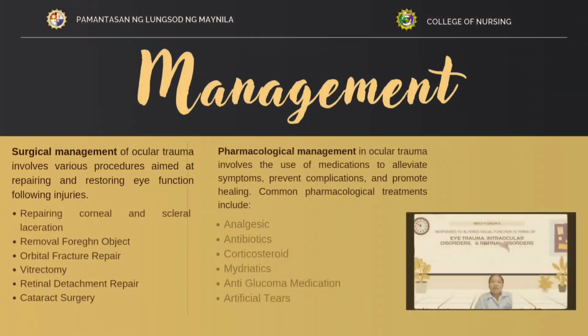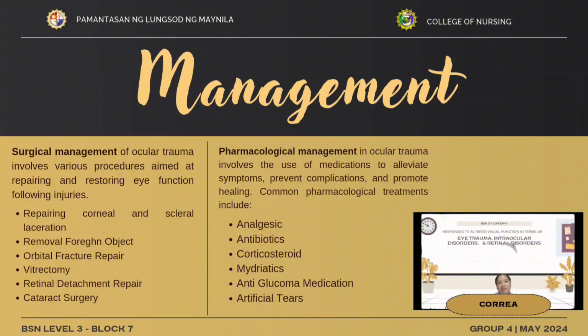Next is the surgical management. Surgical management for ocular trauma involves various procedures aiming at repairing and restoring eye function from the following injuries. First is yung repairing corneal and scleral laceration. It involves stitching them up during surgery to close tears or cuts in this part of the eye.